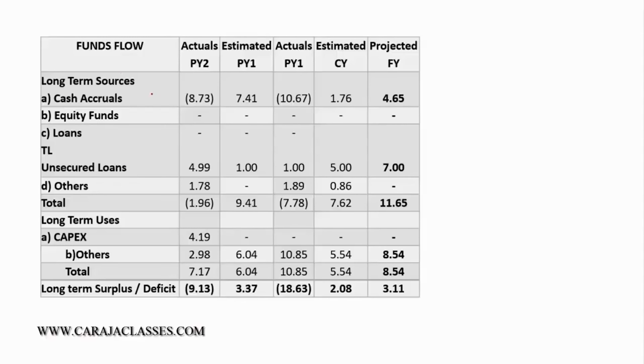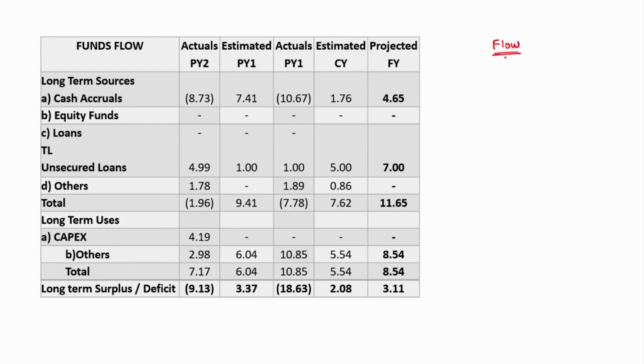In the previous section, we talked about performance and financial indicators, and they are mostly ratios. In this section, we'll talk about fund flow analysis, because sanctioning authorities will be interested in knowing the movement or the flow of funds.